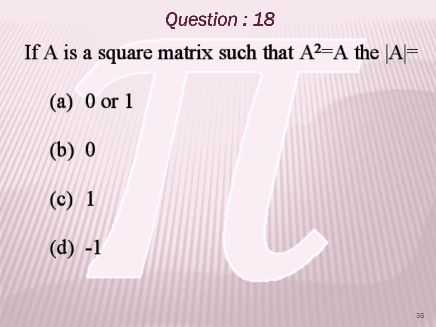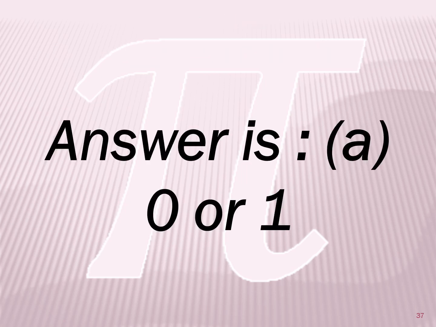If A is a square matrix such that A square is equal to A, then determinant of A is equal to, choices are there on your screen. Option A 0 or 1.